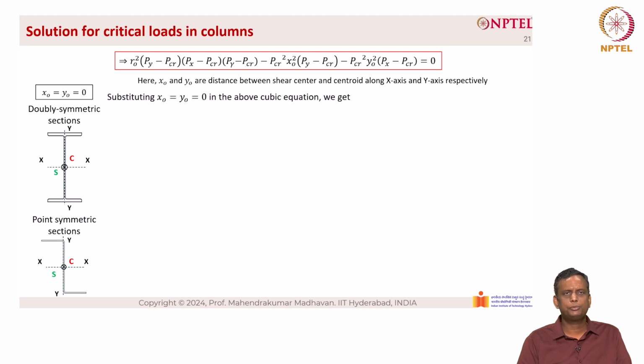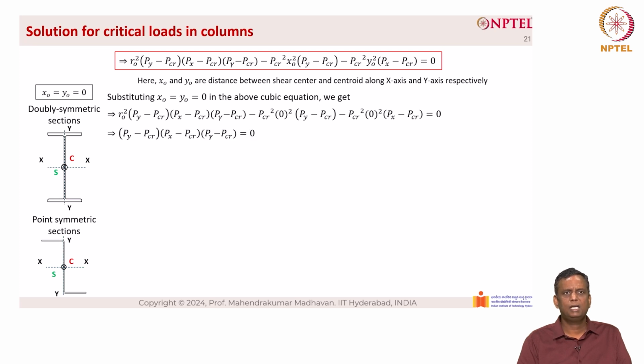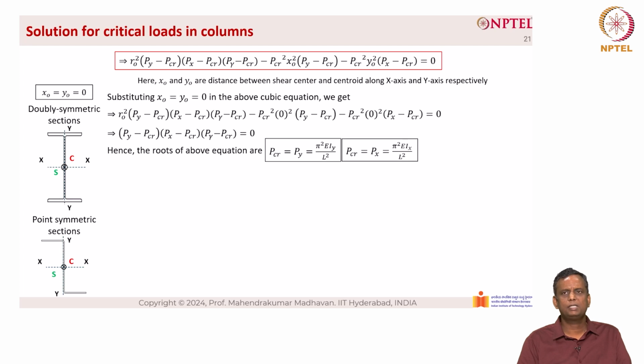So when we substitute x0 equal to y0 equal to 0 in the above cubic equation, we get Py minus Pcr into Px minus Pcr into P gamma minus Pcr is equal to 0, which means that the roots of the above equation are Pcr equal to Py equal to pi square EIy by L square, or Pcr equal to Px equal to pi square EIx by L square, or Pcr equal to P gamma equal to 1 by r0 square into GJ plus pi square EIw by L square.